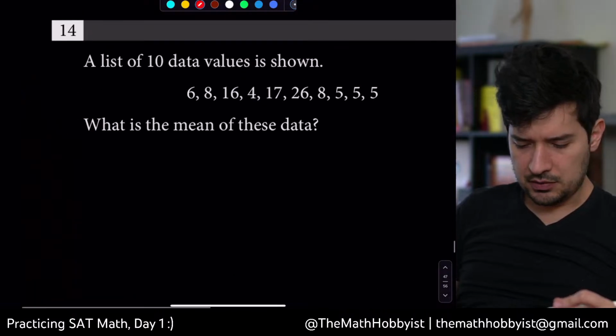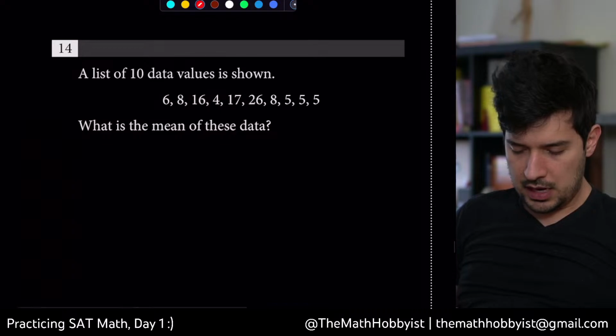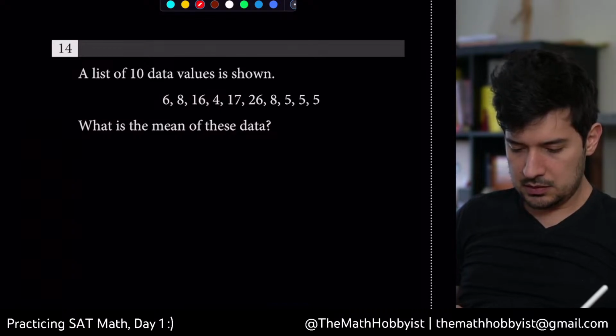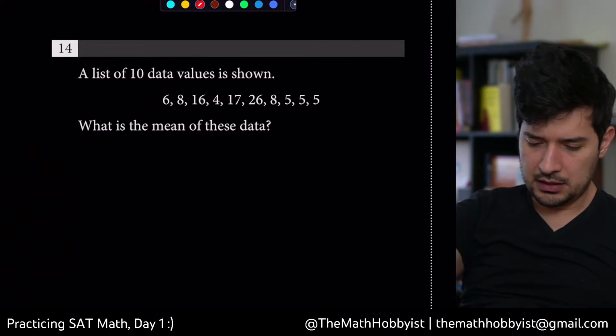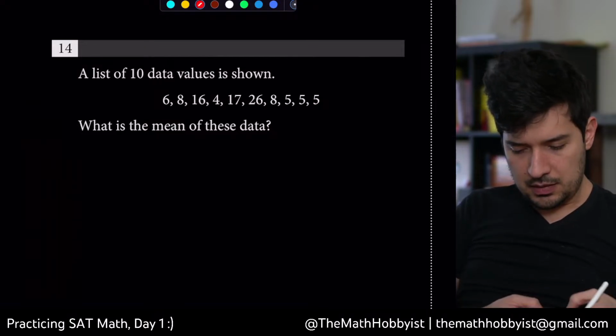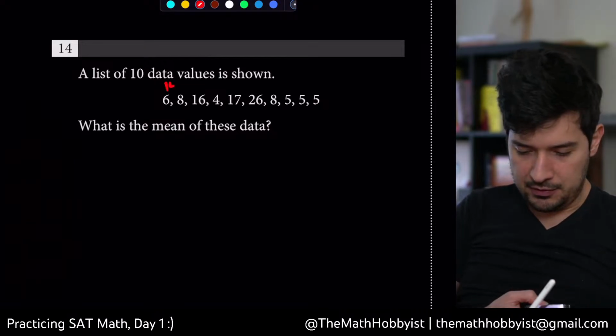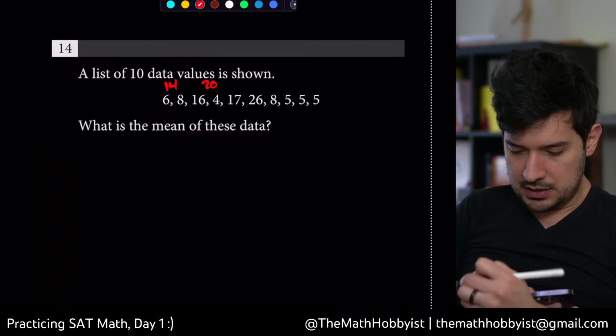10 data values. Mean of this data. Okay. Is there a smart way to do this, or should I just do it in the calculator? I think that this is just a calculator thing. But you can try to add more quickly. Like, I'm typing in 14, 20.